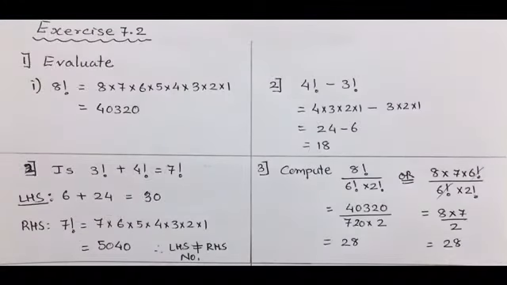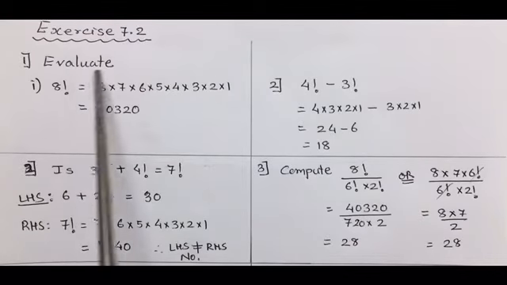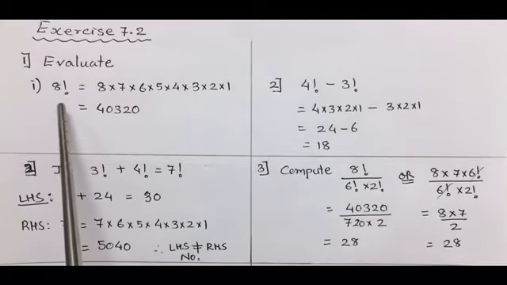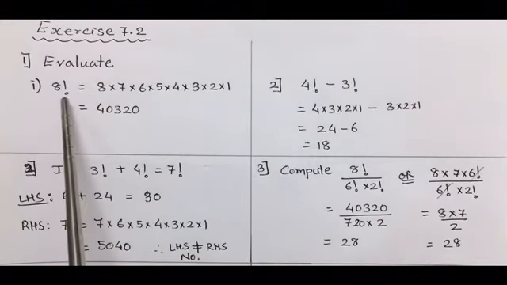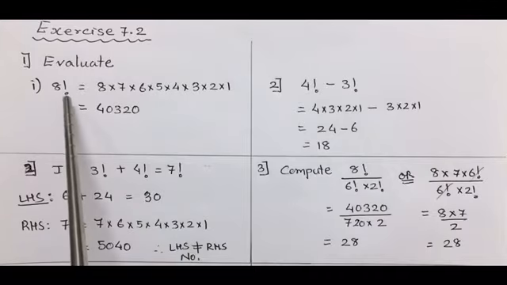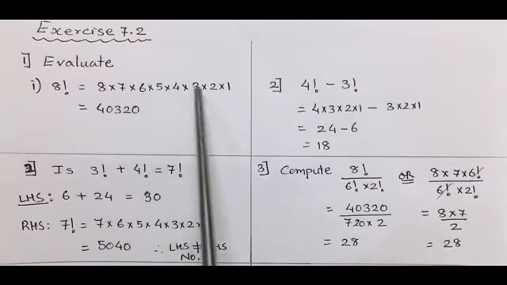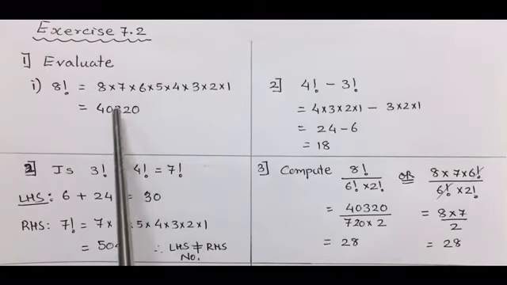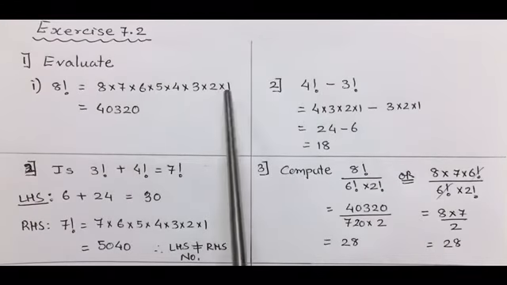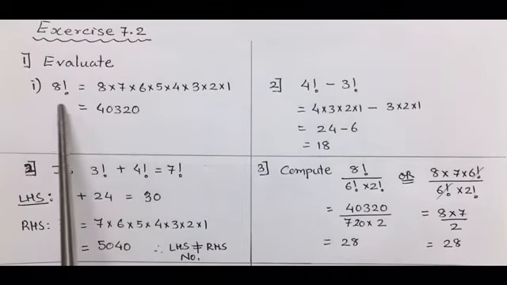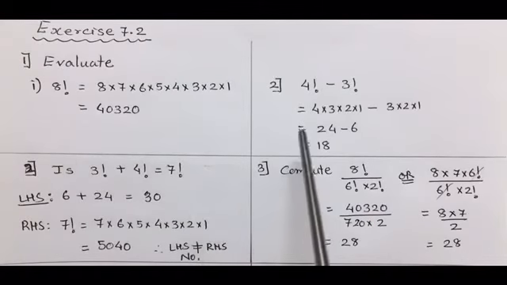Exercise 7.2, which is based on factorial calculations. The first one is evaluate 8 factorial. Now as per the formula of factorial, 8 factorial means right from 8 till 1 the product of all the numbers. So calculating the product from 8 to 1, we get 40320 as the value of 8 factorial.